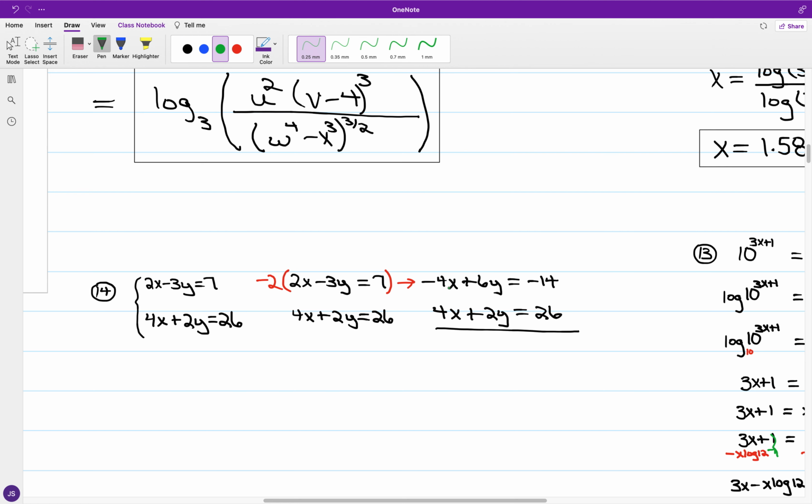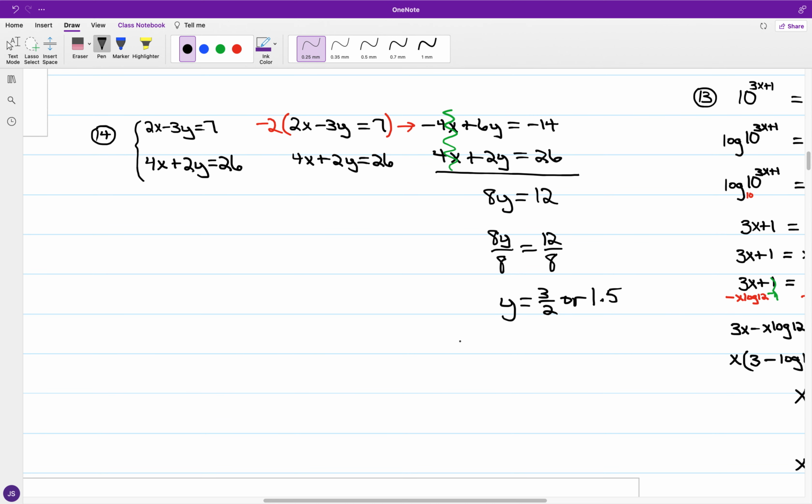Adding the equations together, the x terms go out, and we have 6y plus 2y, which is 8y. Negative 14 plus 26 is 12. Dividing by 8, y is 12/8, so y is equal to 3/2, or as a decimal 1.5. Whether you write it as a fraction or a decimal, either approach works.